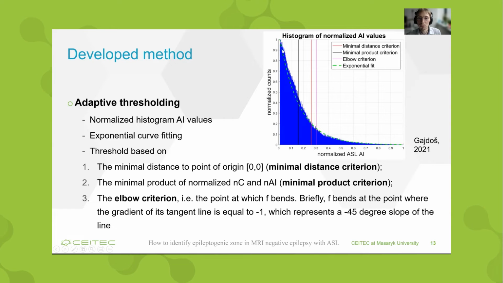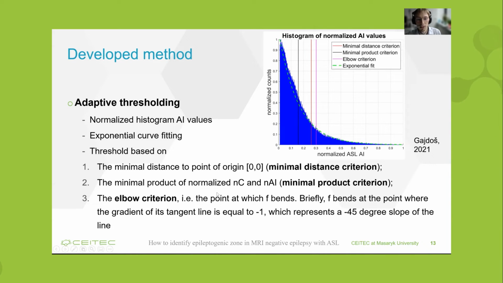In the next step, we fitted an exponential curve, and then we were interested in some interesting points of the curve. We identified the point of minimal distance to 0,0, which is marked here with a red line.